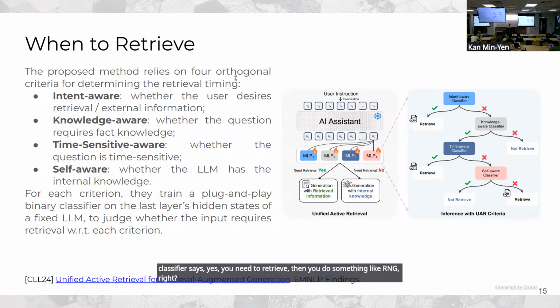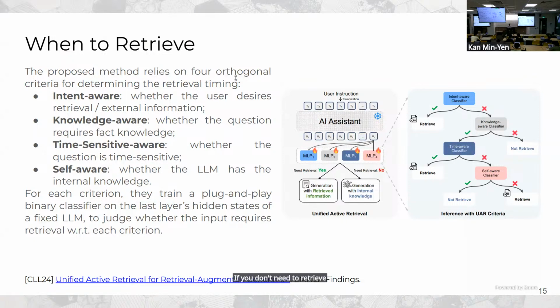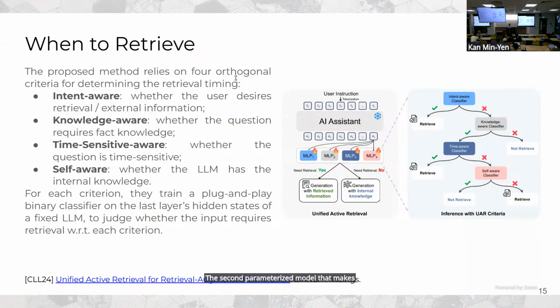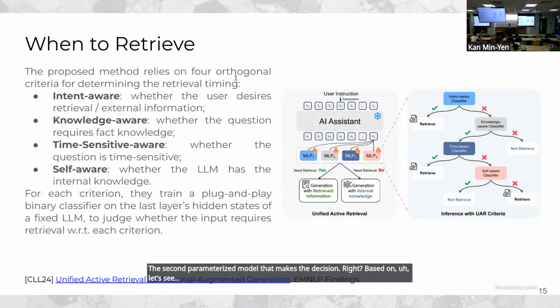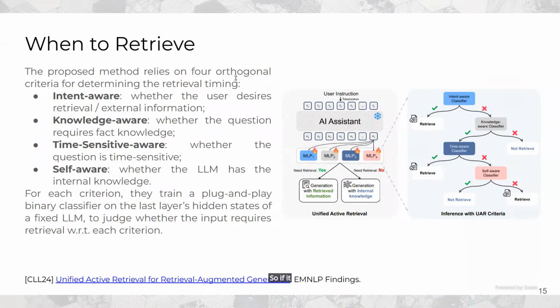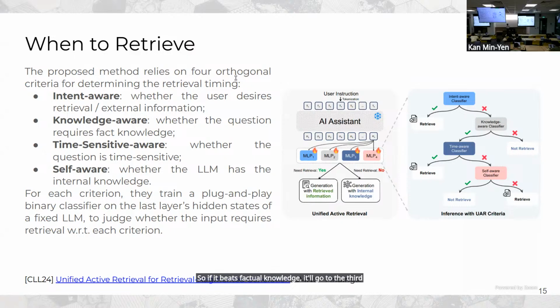If you don't need to retrieve, then we pass the information on to a second parameterized model that makes the decision based on, let's see, what does it say? It's knowledge-aware, so whether it needs factual knowledge or not. If it needs factual knowledge, it'll go to the first one. If not, it will not do retrieval, it'll just go and generate. Does that make sense?